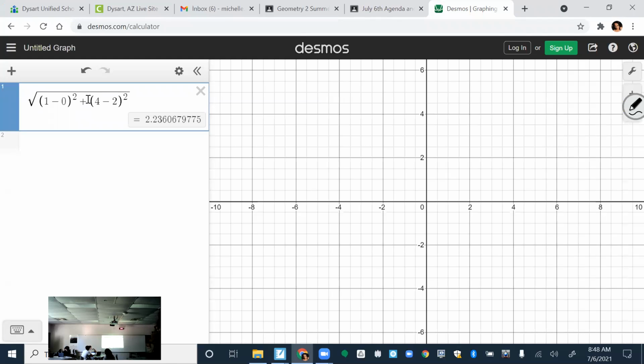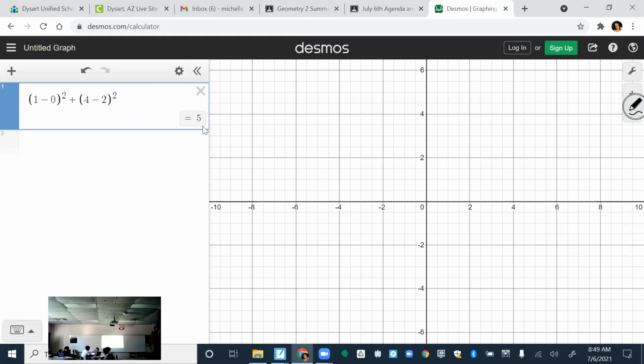Notice it gives you a decimal. Depending on what your answer options are, it might be fine to leave it as a decimal and round it, so you'll approximate it. But if your answer options have square root symbols, so no decimals, just go in between the parentheses and the square root symbol and hit the backspace.